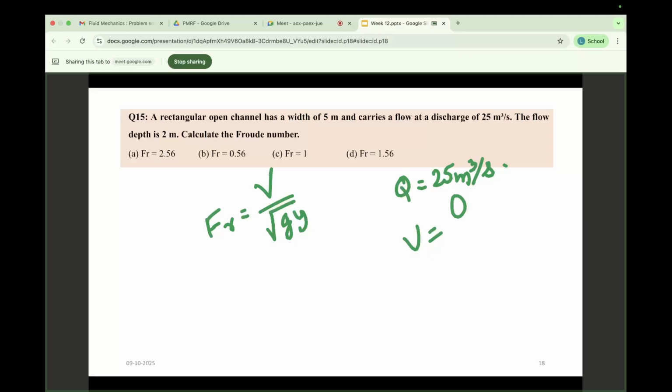Velocity is Q by area; the unit of Q is meter cube per second and velocity is meter per second, so you need to divide by area. For an open channel, the width is given and the depth is given, so you can find this velocity, and y is already known to you. So put this value and find the Froude number and tell me what the answer will be.